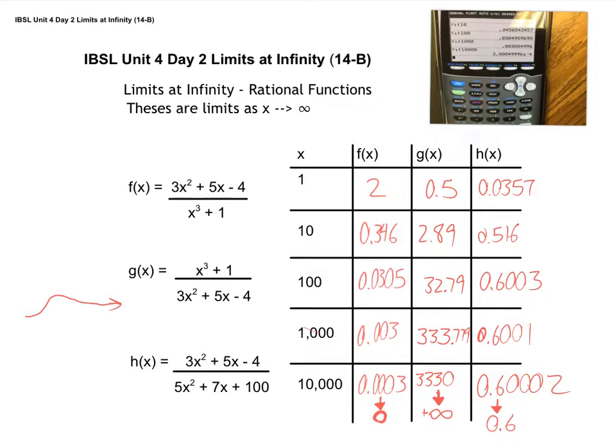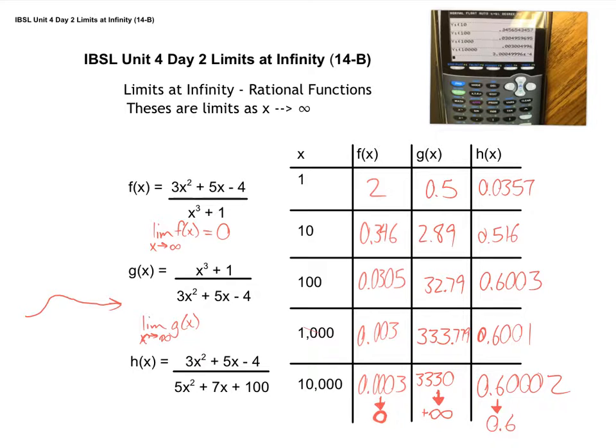What do you notice here, though? This is approaching 0, so we could say the limit of f of x as x approaches infinity would equal 0. Okay? The limit of g of x as x approaches infinity, it's going off to infinity, right?